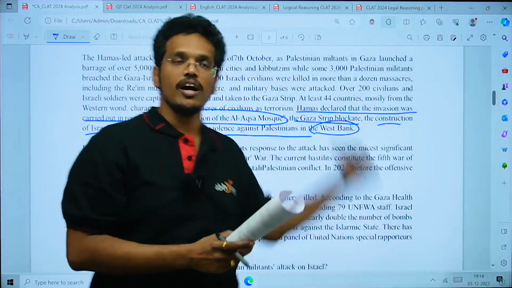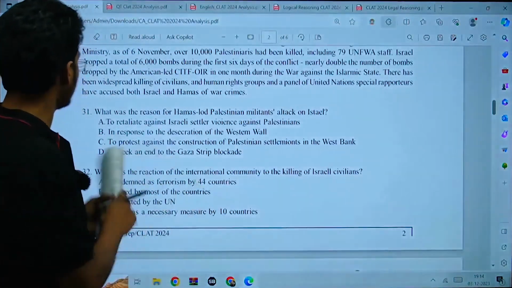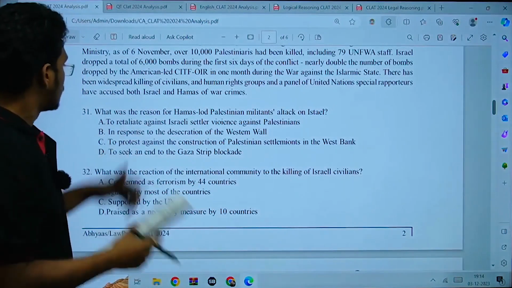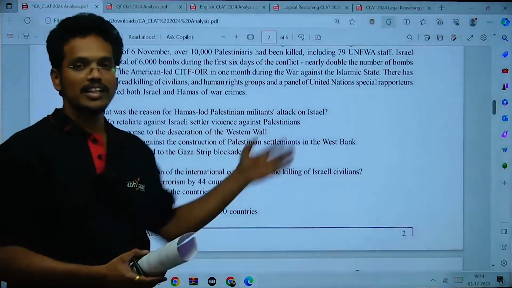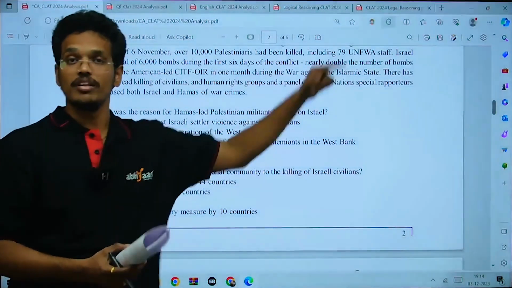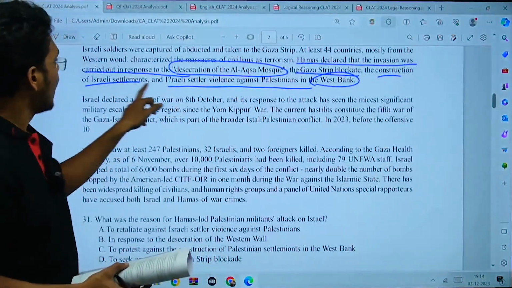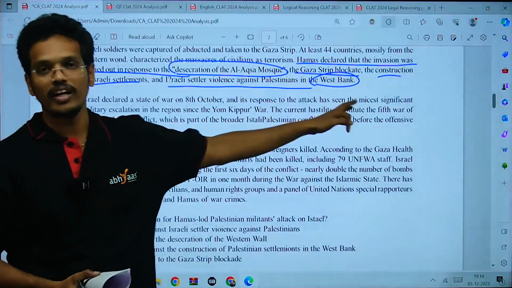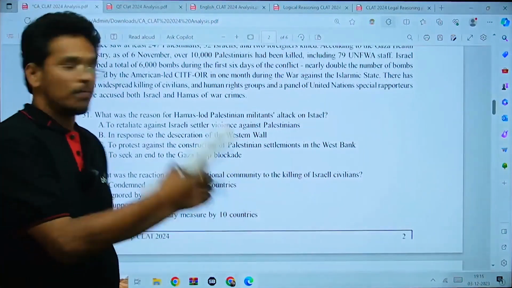Now, let us come to the answer, whether we have these reasons or not. The first option, to retaliate against Israeli settler violence against Palestinians. This can be the logical answer, because we have directly mentioned this Israeli settler violence against Palestinians. Let's look into the other options.